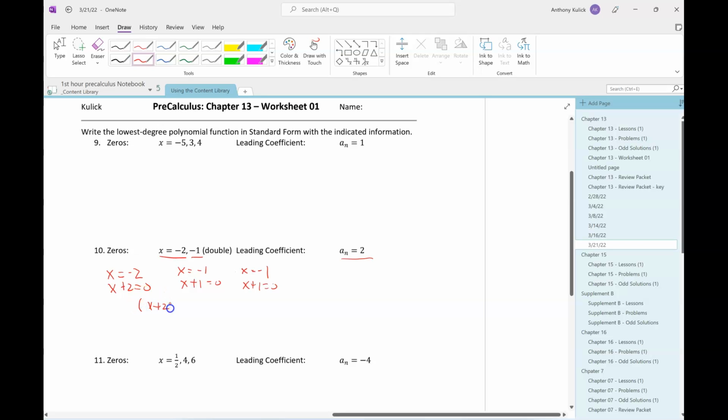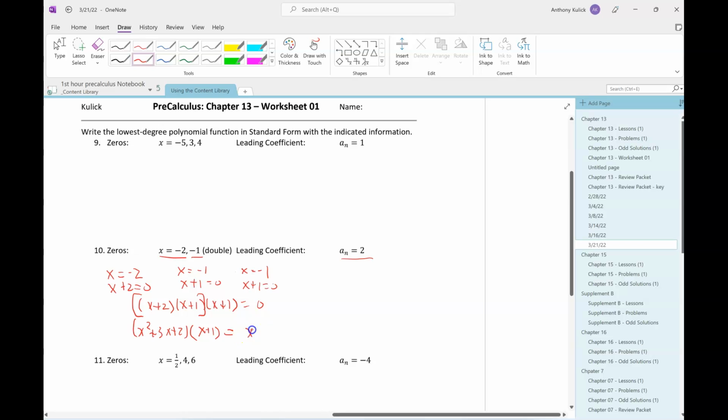So now I'm going to multiply all 3 of those factors together that I've just taken care of. When I multiply all those equations together, since they're each equal to 0, they're still equal to 0. And now all I have to do is FOIL this out. So I could multiply these 2 together first, and then multiply it by that last one.